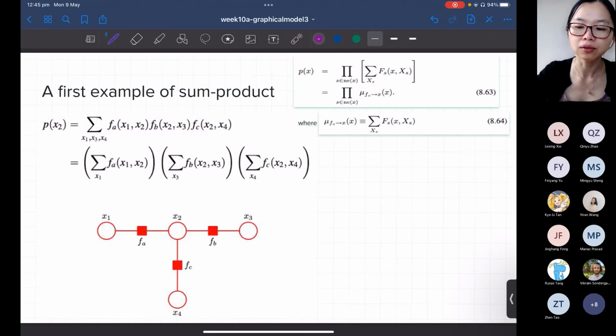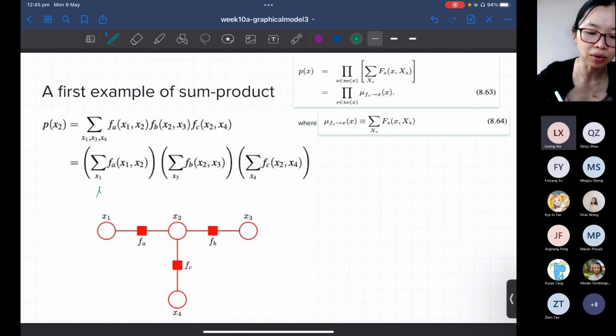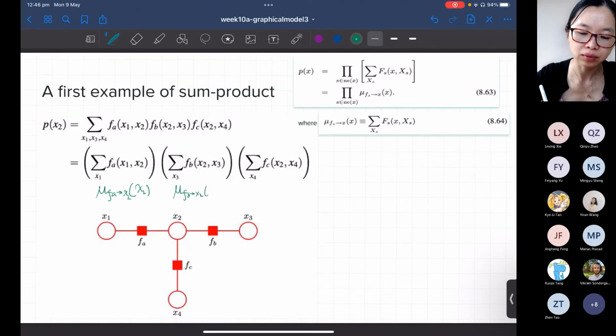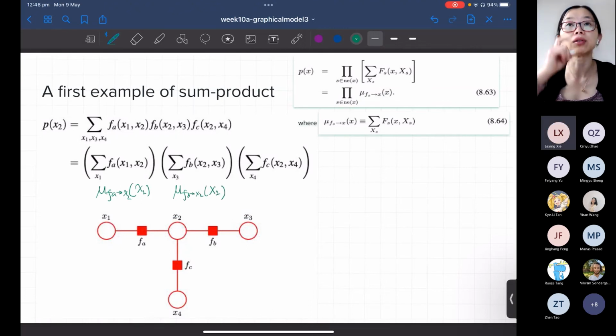We write this as mu of fA to x, valued at x2. Similarly, the second factor f of B is the factor involving x2 and x3. So this is mu of fB to x2, which is a function of x2.